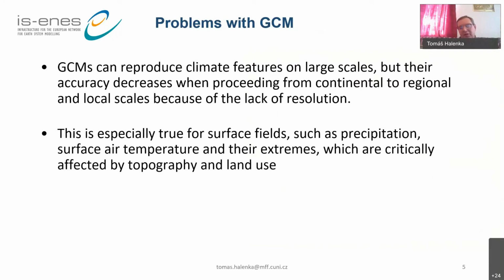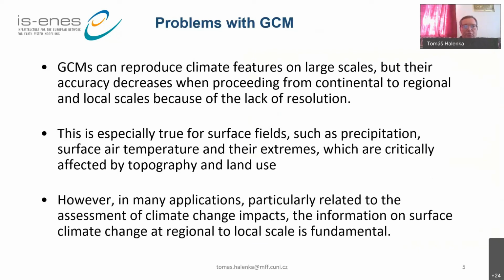That is really true for surface fields, which strongly depend on small-scale phenomena and features. That is typically connected with precipitation, surface air temperature, and extremes, especially extremes, which are critically affected by topography and land use.